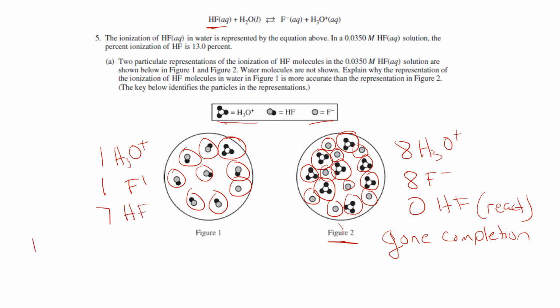So 1 out of 8 of my HF dissociated. And if you do the math for that, 1 divided by 8 gives you about 13%. So that would be a better representation of the dissociation than figure 2.